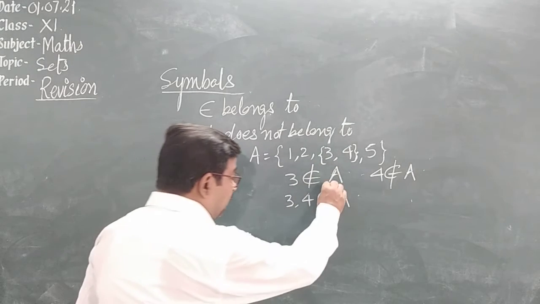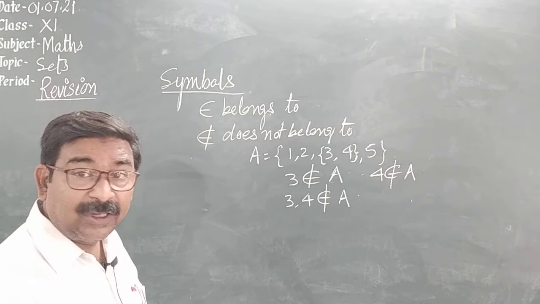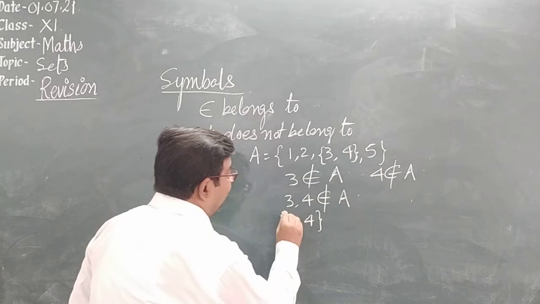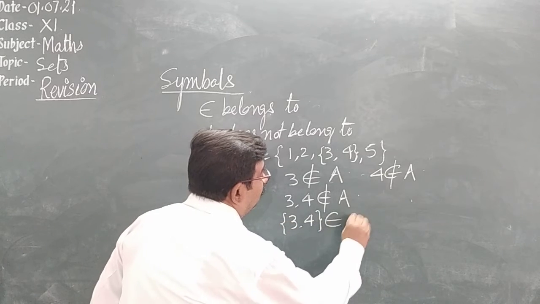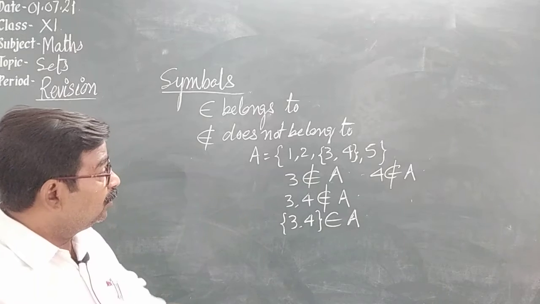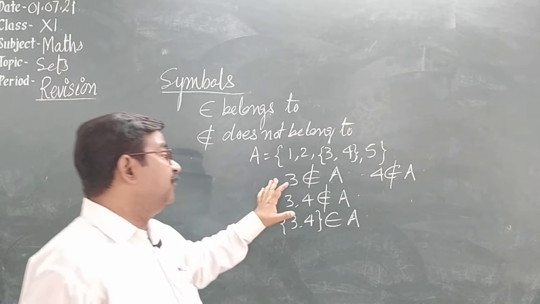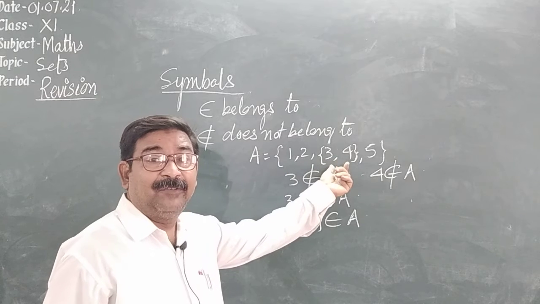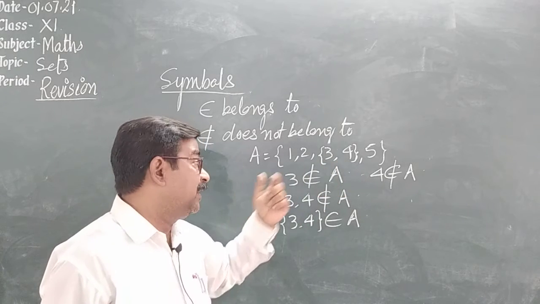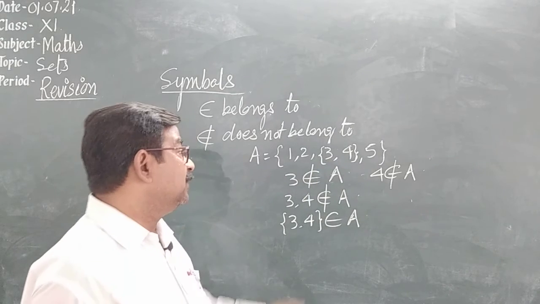So 3, 4 does not belong to A. How does {3, 4} belong to A? With 3, 4 in brackets, it belongs to A. Make your mind clear that if elements are combinedly given, a single element cannot be separated from that. {3, 4} represents a single element.